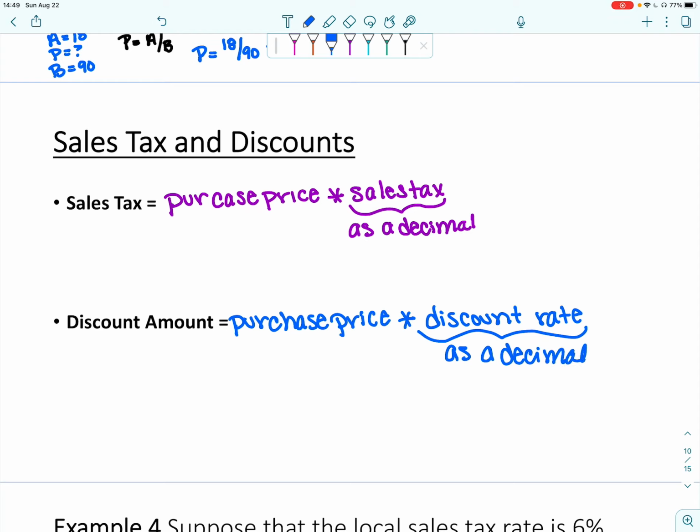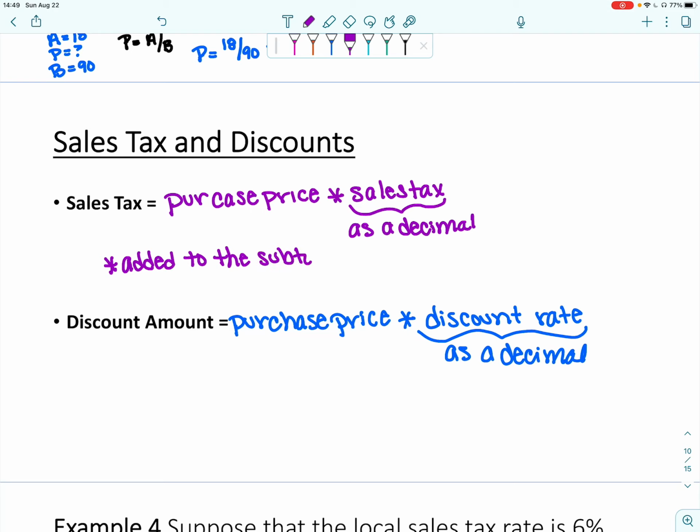The difference between sales tax and a discount amount is that sales tax is added to the subtotal.